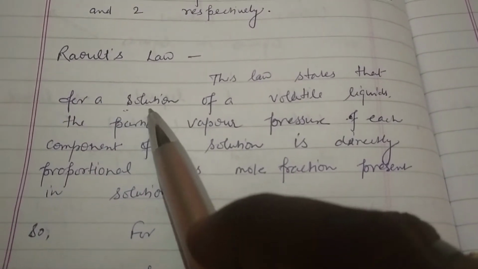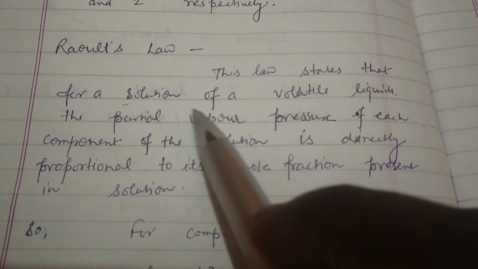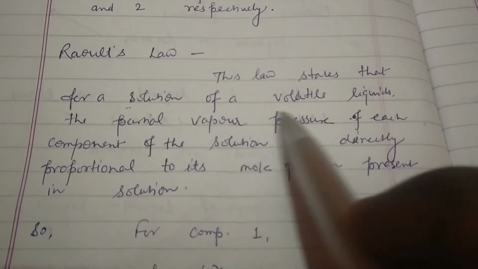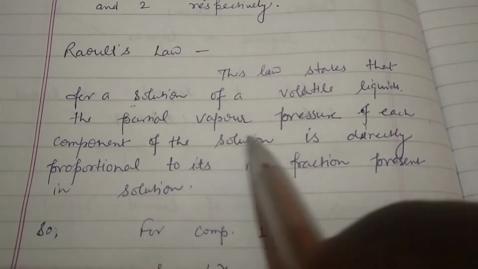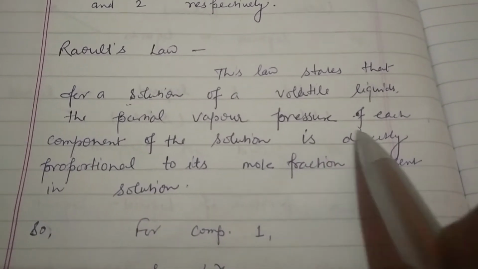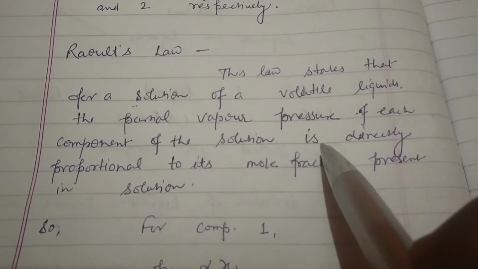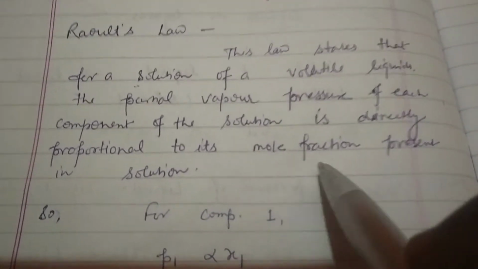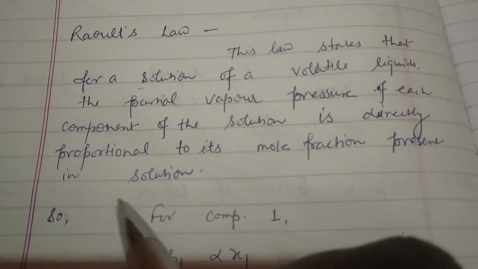Raoult's law is given only for solutions of volatile liquids: the partial vapor pressure of each component of the solution is directly proportional to its mole fraction present in the solution.